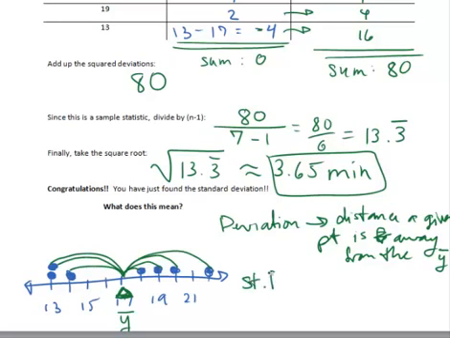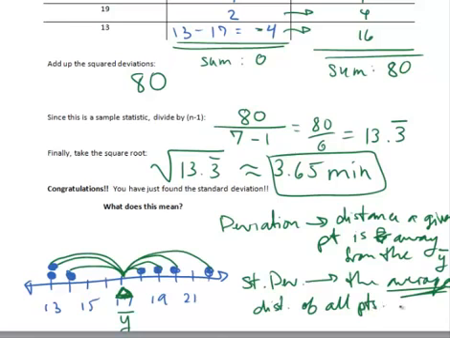A standard deviation is the average distance of all points away from the mean. So if you were to think about, okay, these are all my things. This one's pretty close. This one's kind of far away.